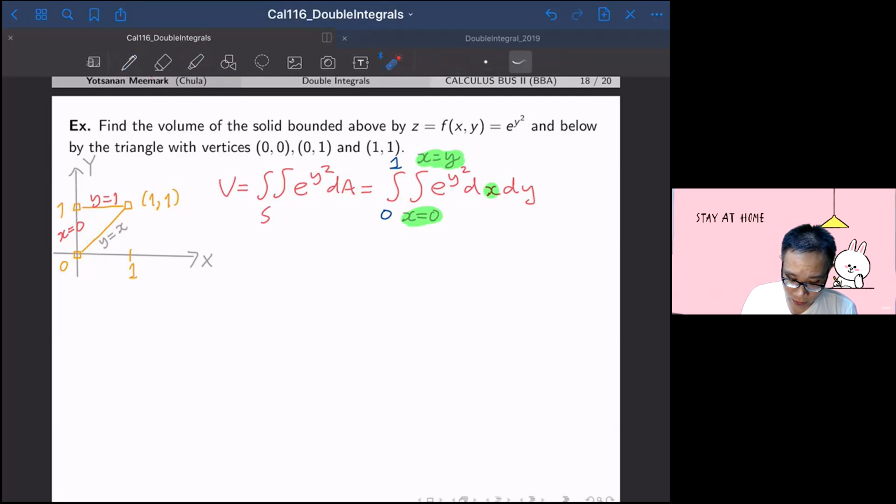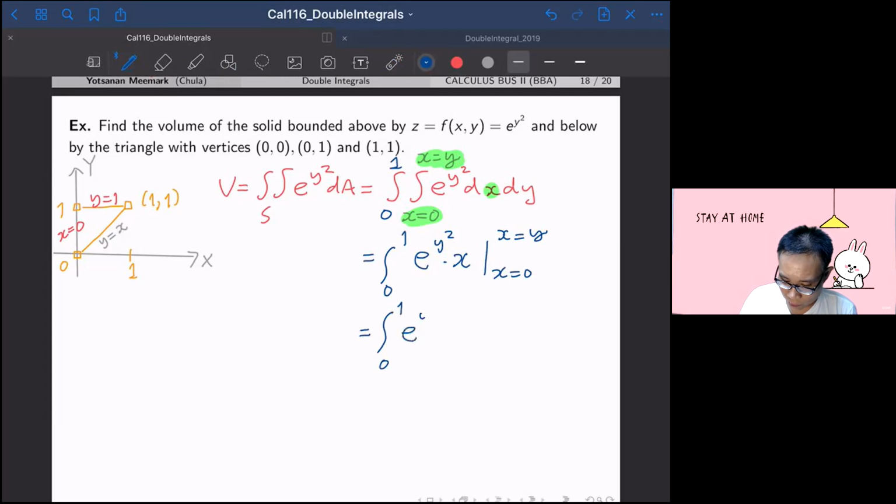And you integrate this one. It would give you e to the y squared, and here it turned out to be a constant, so multiply with x from x equal to 0 to x equal to y. Kind of fast. Then you have the integral from 0 to 1 of e to the y squared times y minus 0 dy.